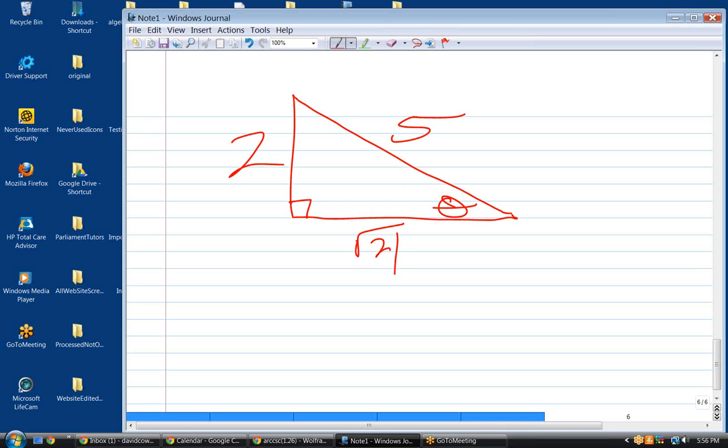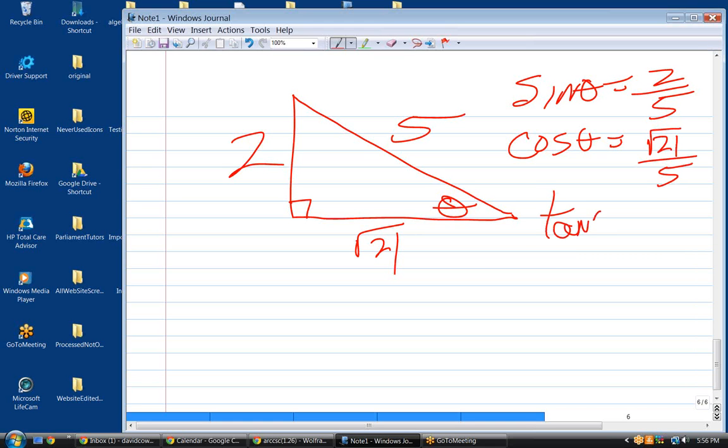Verbally, what's the sine of theta? Sine of theta would be 2 over 5. What's cosine of theta? Root 21 over 5. Sine and cosine are over the hypotenuse.